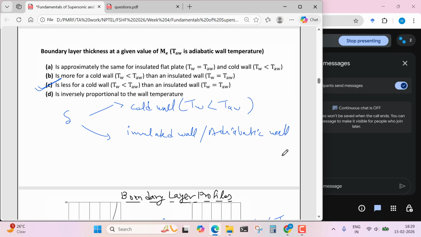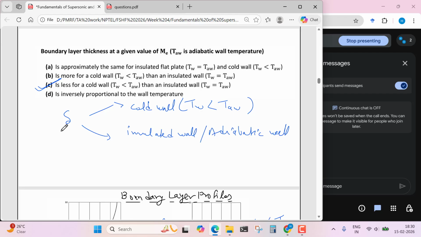Option A is approximately the same for insulated flat plate, T_W equal to T_AW, and cold wall, T_W less than T_AW. Option B and C: more for a cold wall, T_W less than T_AW, than an insulated wall, T_W equal to T_AW, or less for a cold wall than an insulated wall. Option D is inversely proportional to the wall temperature.